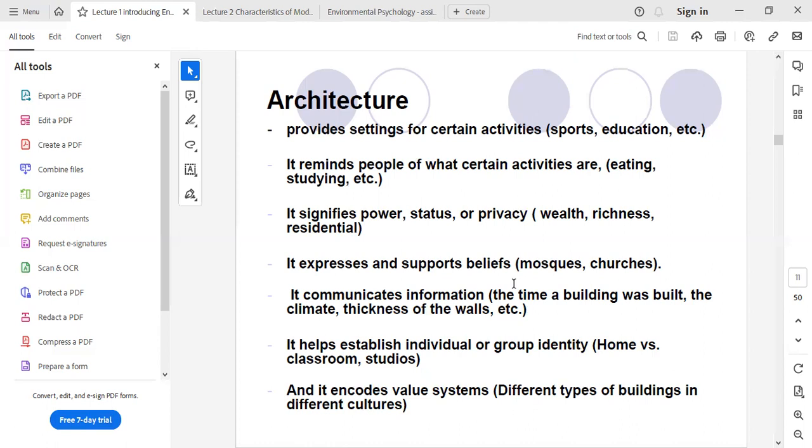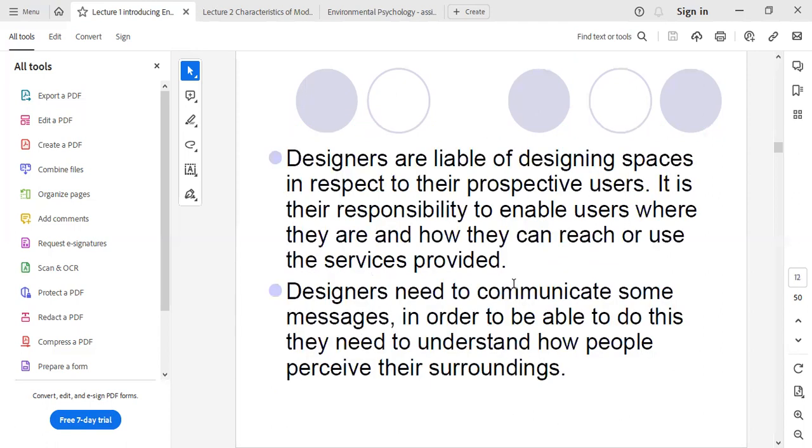Different types of buildings go with different cultures. All cultures don't share the same thing. You'll find various buildings in different places, depending on the setup of people, who they are, how they were brought up to be where they are, as well as other valuable content in regards to people, cultural beliefs, and so on.